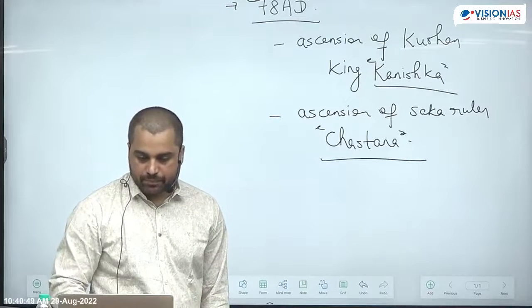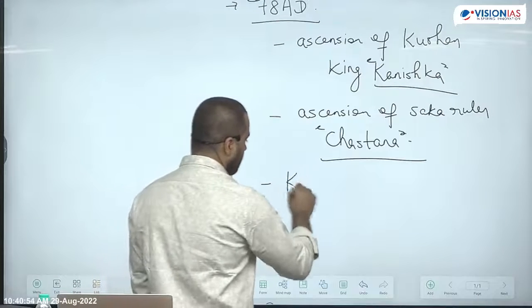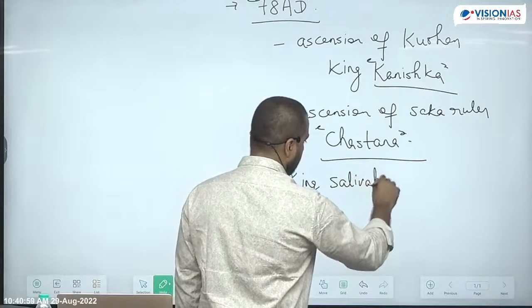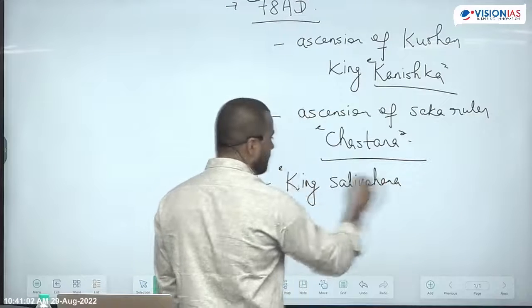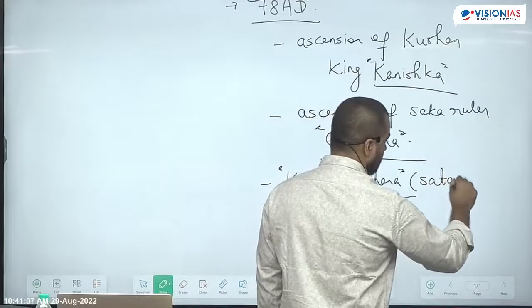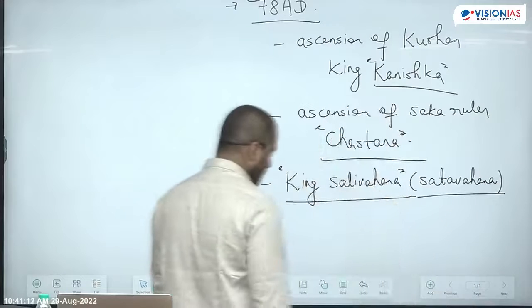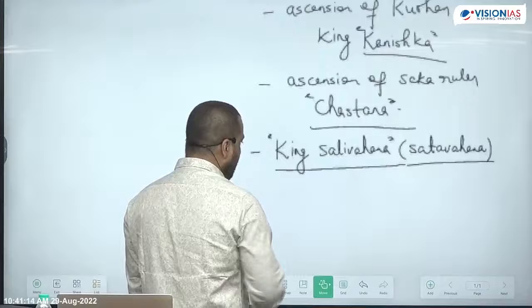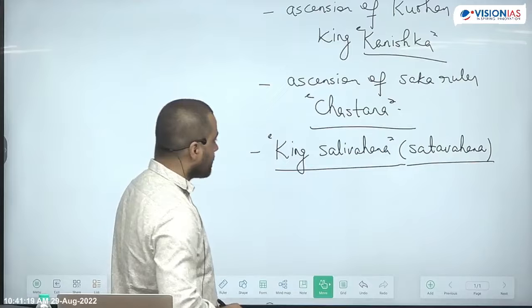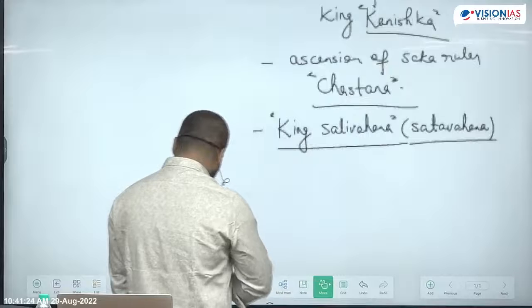You can write King Salivahan of Satvahana dynasty after defeating Shaka ruler Chastana.